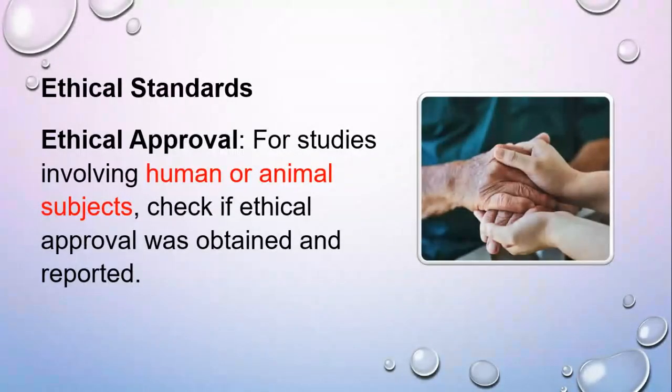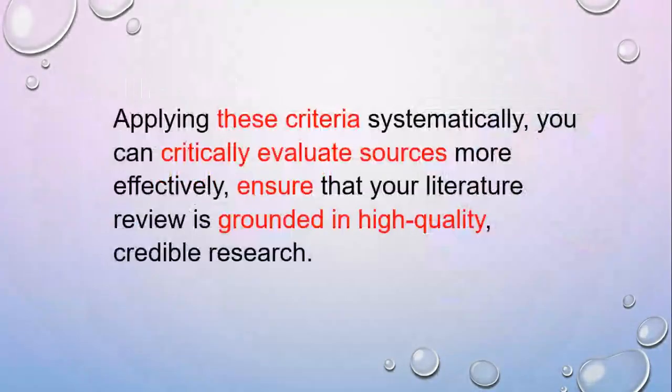So this has to do with the subjects. To conclude this part, by applying these criteria systematically, you can critically evaluate the sources. These criteria will help you build the inclusion and exclusion criteria effectively. This will ensure that your literature review is grounded in high quality, credible research. All right.